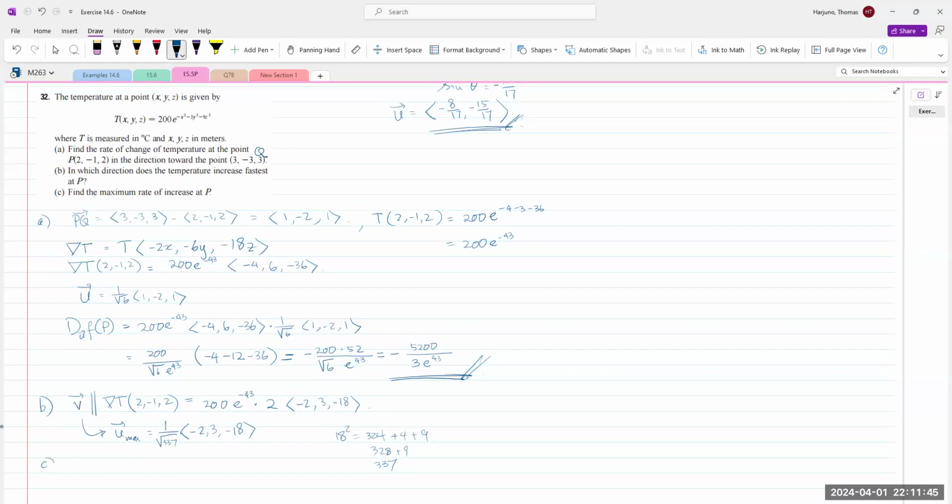And then what is the maximum increase? Well, that's the magnitude of the gradient of T at that point, which is 200 times 2 times square root of 337 over e to the 43. That's 400 square root of 337 over e to the 43. I hope I don't make a miscomputation anywhere. The number is just too ugly.